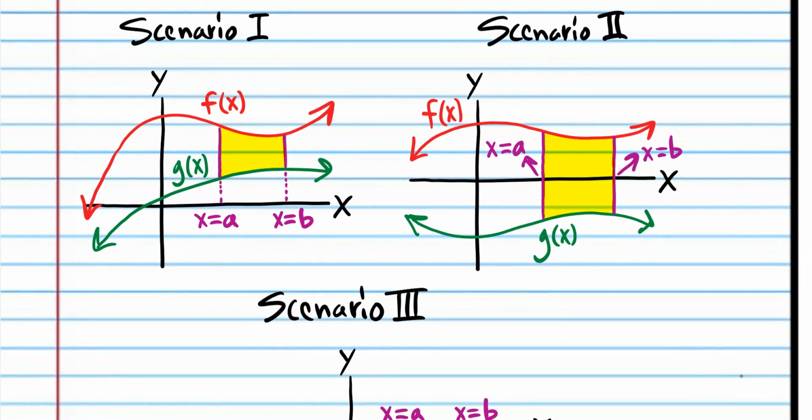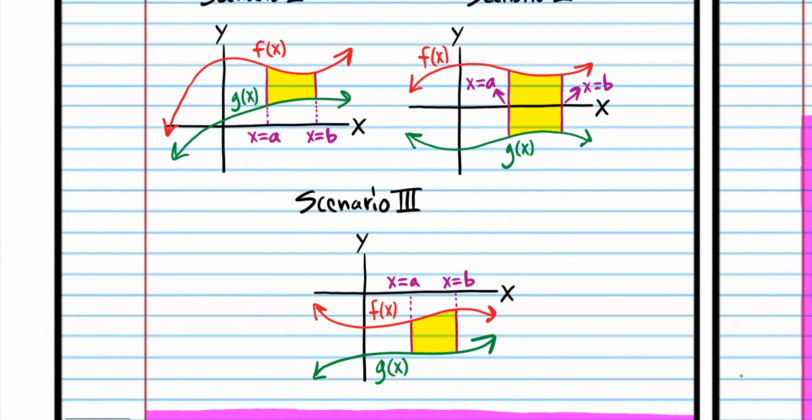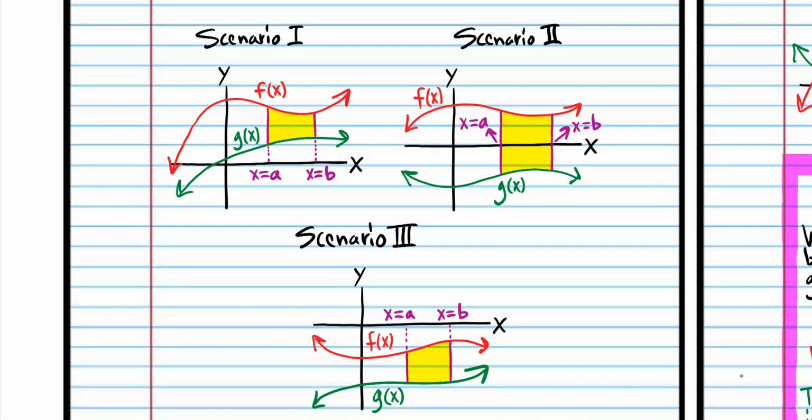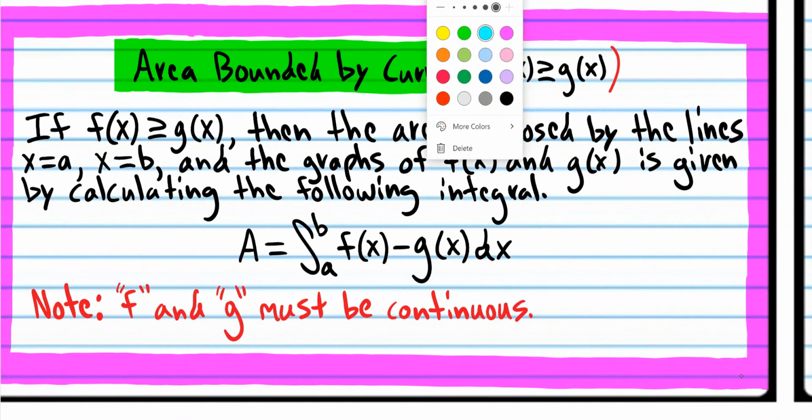If we want to find the area between two graphs that are above the x-axis, or the area between one graph that's above the x-axis and one graph that's below the x-axis, or the area between two graphs that are both below the x-axis, it turns out we use the same formula in these three scenarios. That's this blue formula down here.